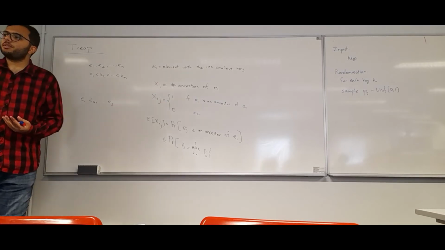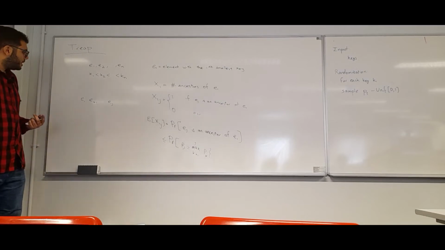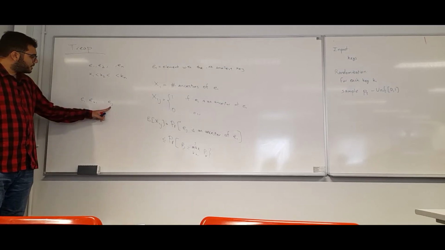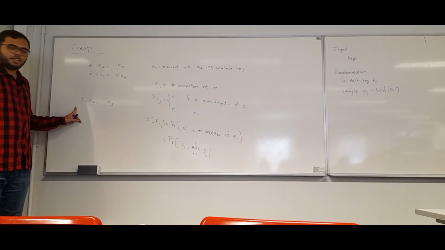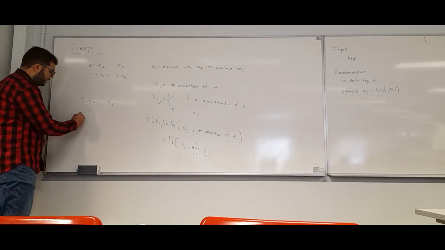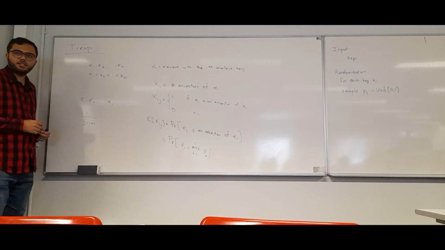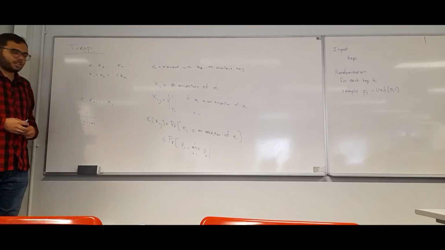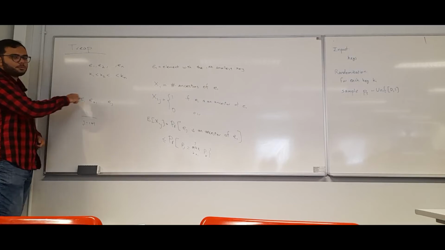But we chose the priorities randomly. So what is the probability that this particular element gets a priority that is larger than all of the others? Well, it's just going to be 1 over j minus i plus 1, because each one of these elements had a randomly chosen priority.